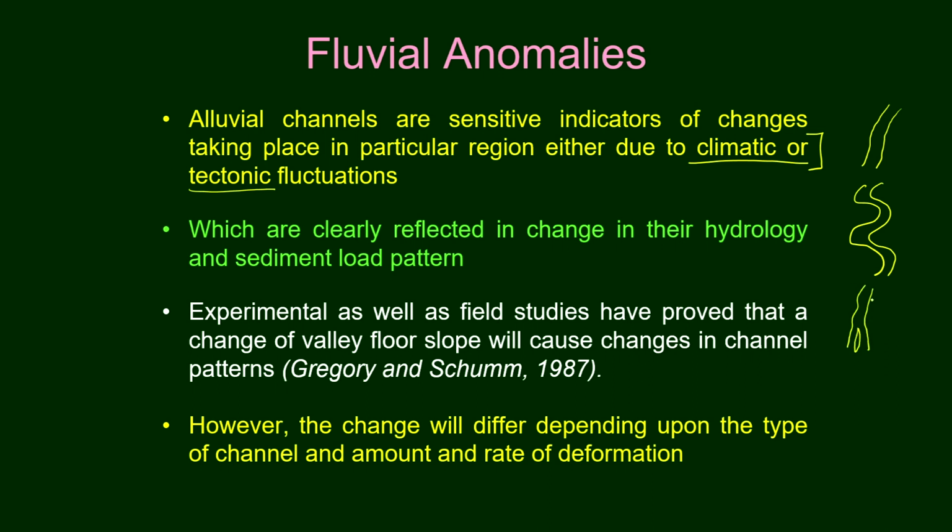If we consider these three types of drainage, the straight, the meander and the braid, what change will we be able to observe if there is a change in the valley floor slope?